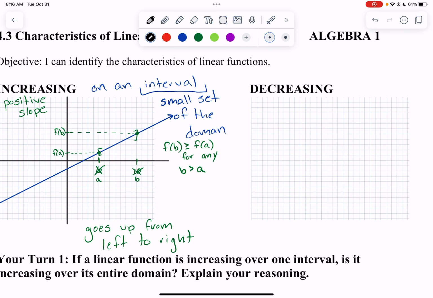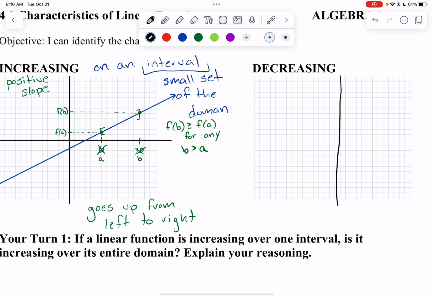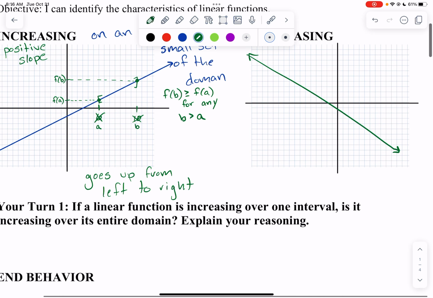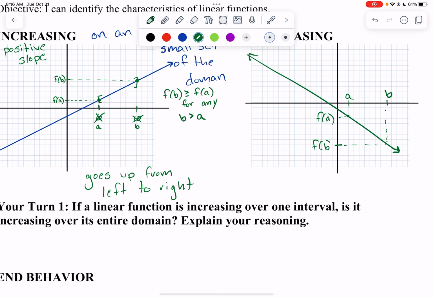Then a decreasing function on an interval, again, is going to be that one going down from left to right. The more formal definition for that is, again, we have this value A, this value B. There's going to be an f of A and an f of B. You're going to have an output for each of those inputs.